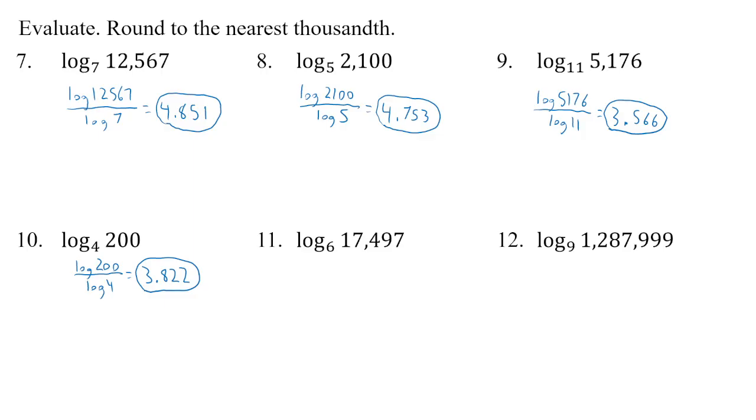Next, we have log base 6 of 17,497. So this is log of 17,497 over log of 6. We're going to put this in our calculator, and you would get 5.453.